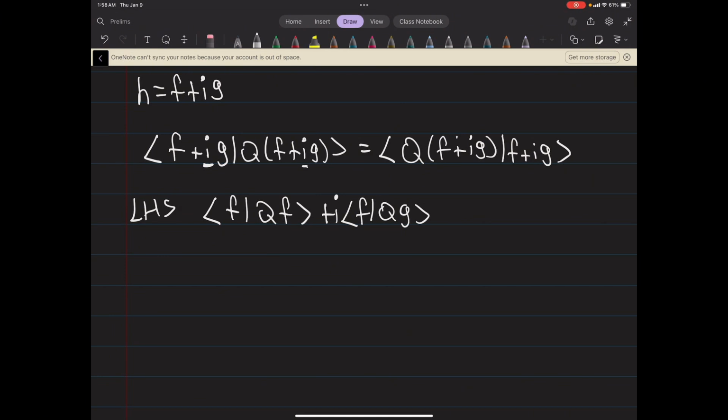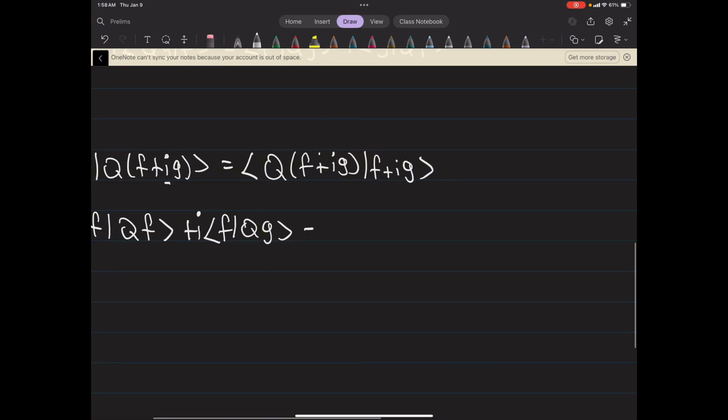So that'll actually be minus I by what bra and kets do.